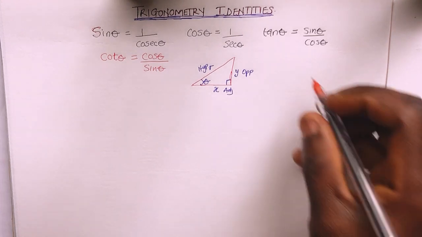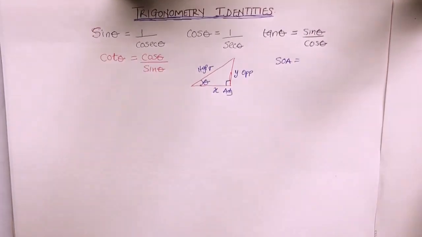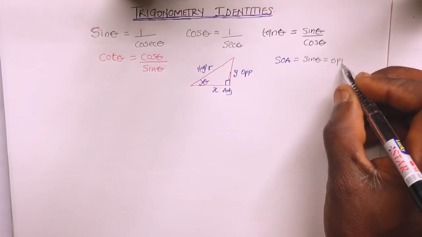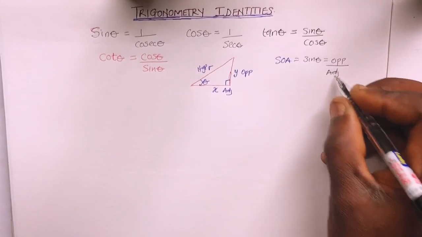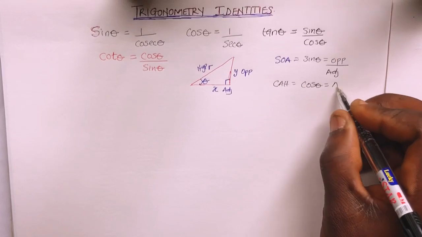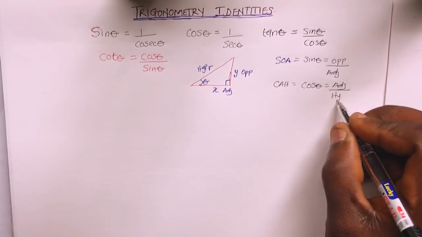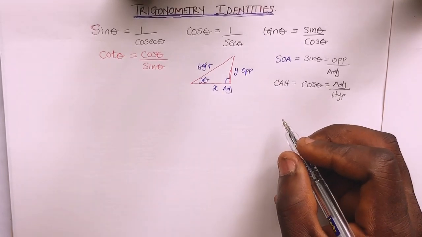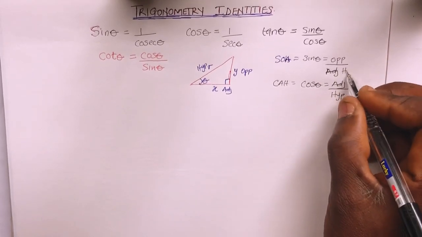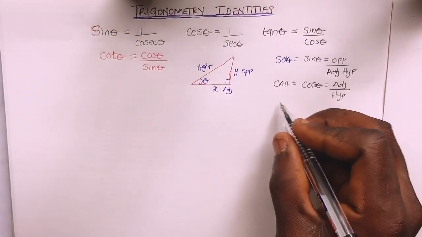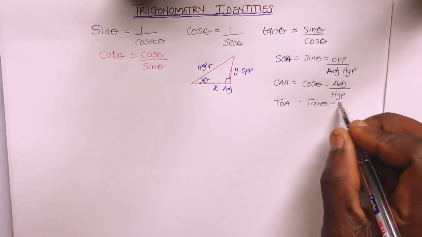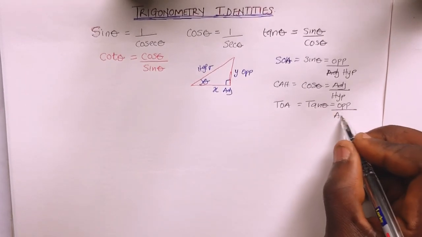SOH means sin theta equals opposite over hypotenuse. CAH means cos theta equals adjacent over hypotenuse. And TOA means tan theta equals opposite over adjacent.